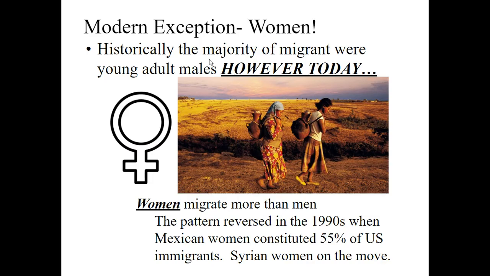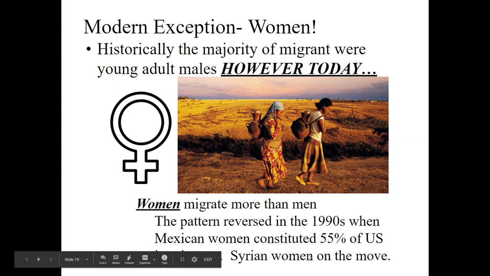Now, there's a modern exception. Go down to the bottom of your notes. The modern example is that women historically were not on the move. They were home taking care of the kids, but now they're on the move. Women are feeling empowered to just pick up and go. So most of the people at our borders right now are actually women.